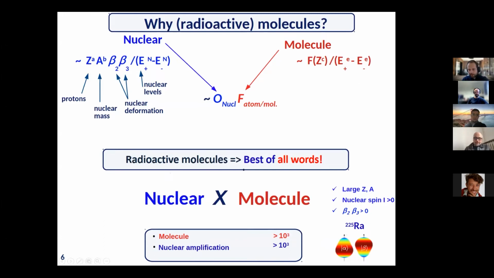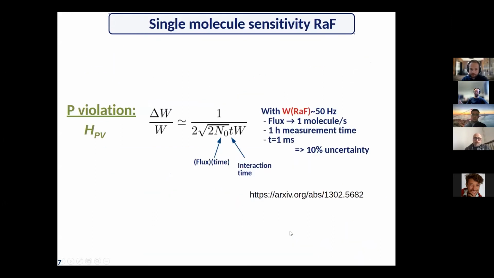So to give you an idea of the kind of sensitivity that we expect with these molecules, let me quantify this. The figure of merit for parity violation scales with these parameters, the number of molecules and the interaction time, and you will see that the factor expected for parity violation for radium is about 50 hertz, which is gigantic for these experiments, right?